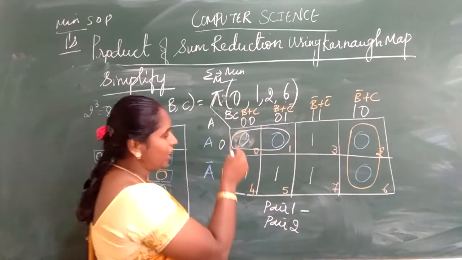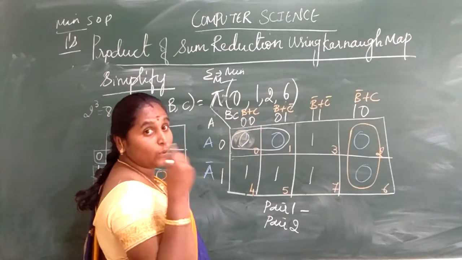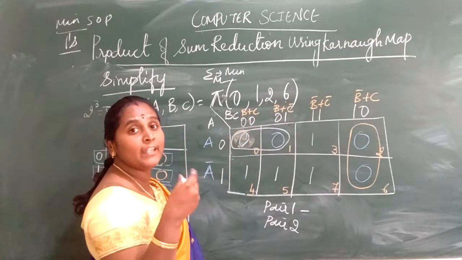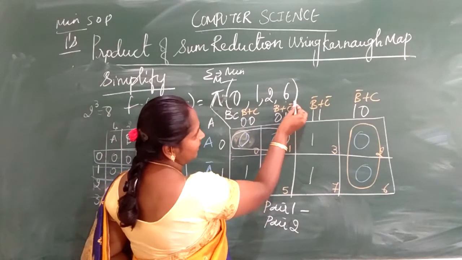So what is pair 1? A stays as it is, and within a pair one variable changes from complemented to uncomplemented. Here C bar gets cancelled.